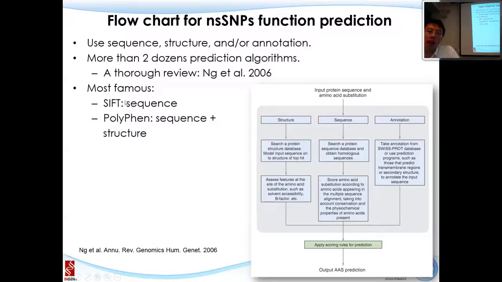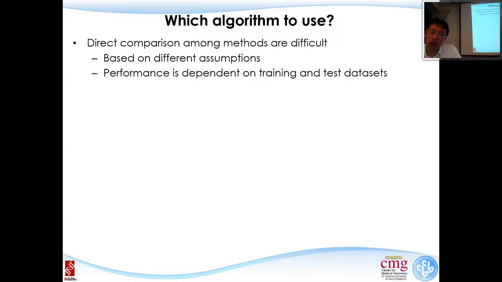Those are the part that you cannot escape when you do variant prioritization for non-synonymous SNPs. What I want to mention briefly here is that SIFT primarily uses the sequence information, while PolyPhen uses both the sequence information and the structure information. Those are something we need to pay attention to.